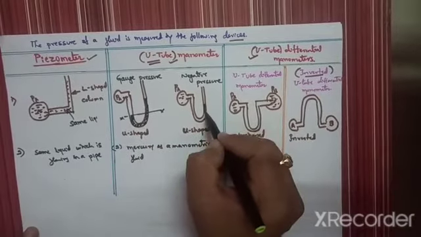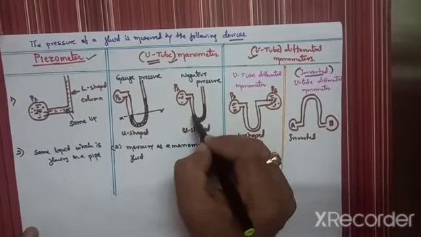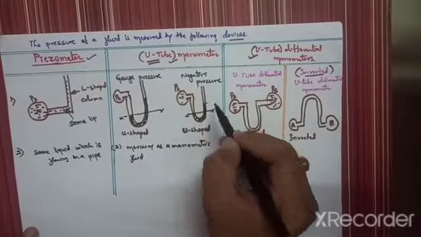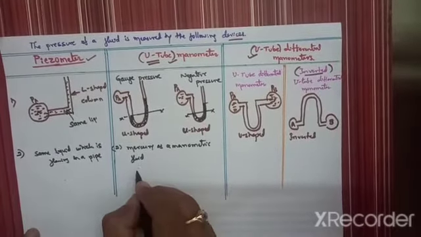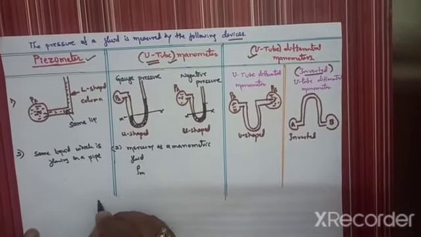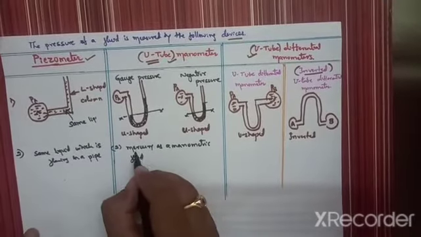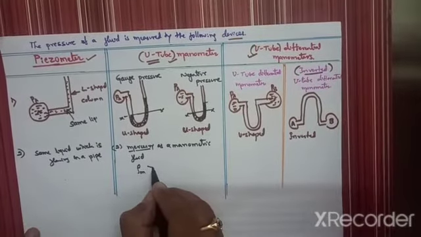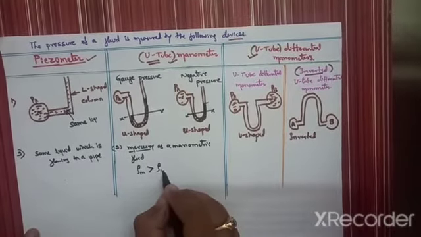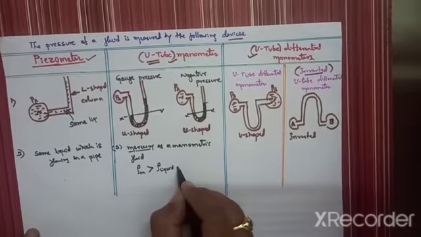Here also mercury will be there, that is also manometric fluid, at XX. The second point you need to remember is the density of the manometric fluid. It may be any fluid, but 90% of the time we take mercury only. The density of the manometric fluid should be more than the density of the liquid in the pipe.